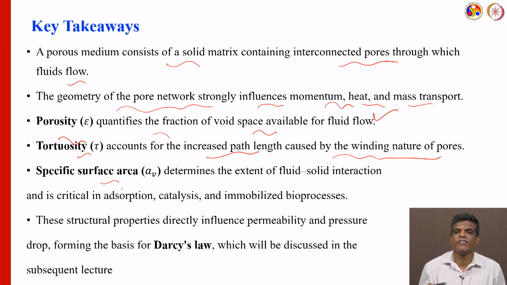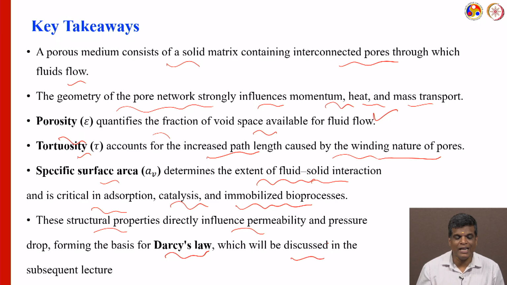The specific surface area gives the solid-fluid interaction and surface area, which is useful for adsorption and catalysis, whenever you use an immobilized bioprocess. These structural properties directly influence permeability and pressure drop, forming the base of Darcy's law, which will be discussed in forthcoming lectures.